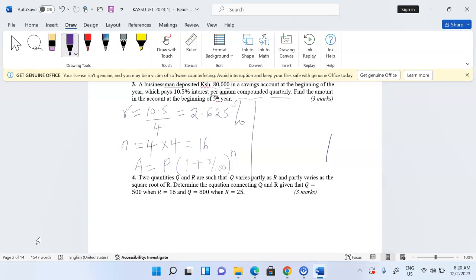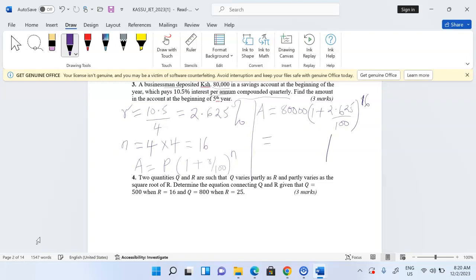Therefore, the amount after 4 years is going to be 80,000 times 1 plus a rate of 2.625%, raised to 16.